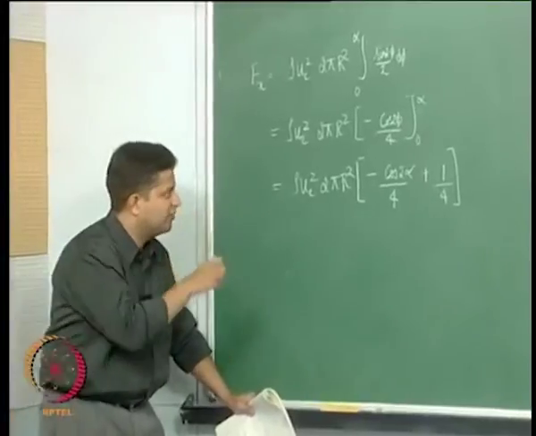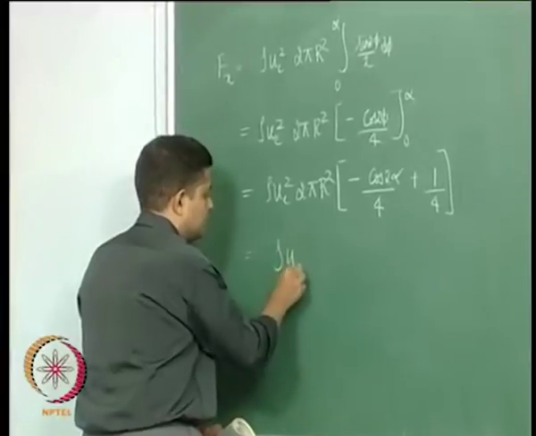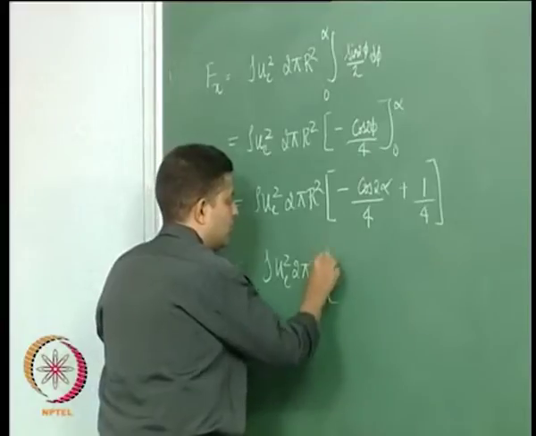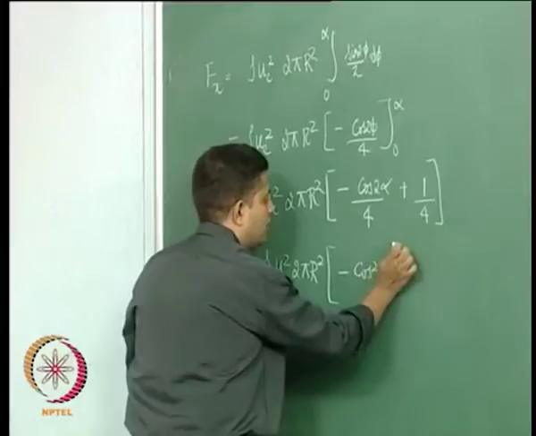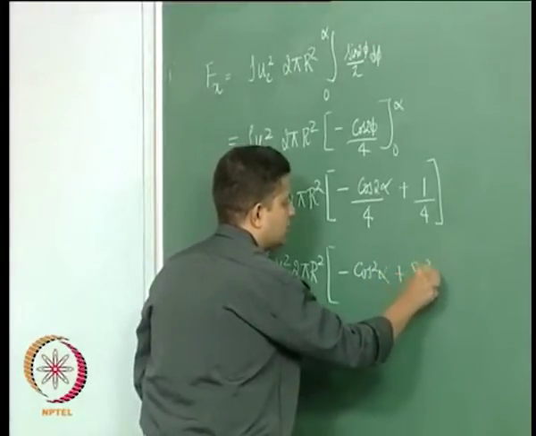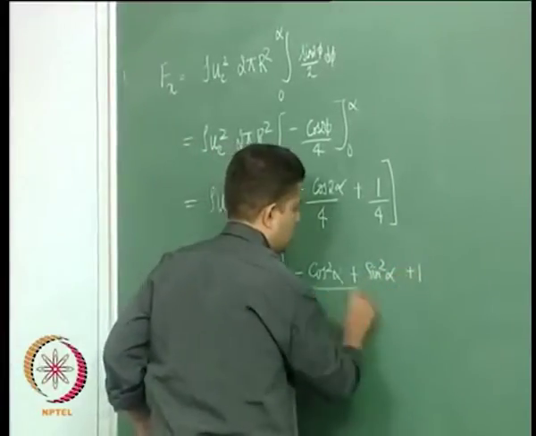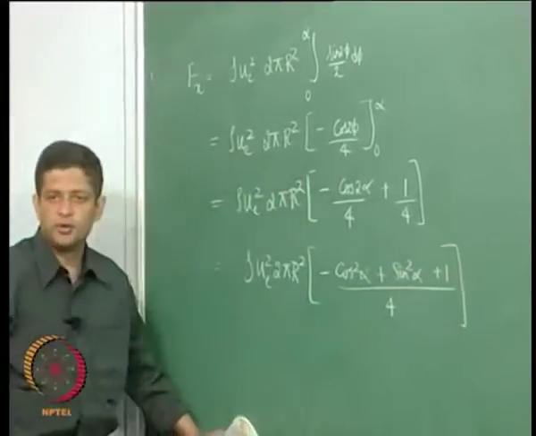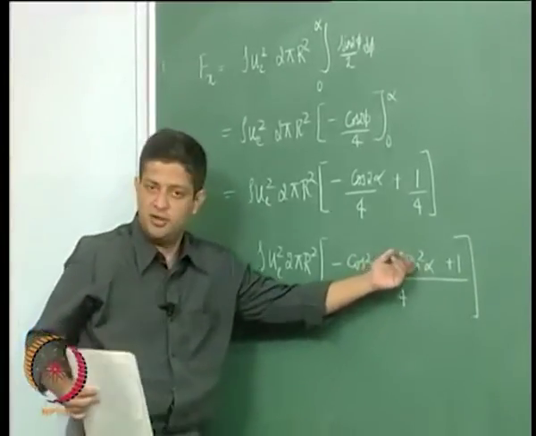Now, cos 2 phi, we know that it is nothing but minus cos square phi plus sin square phi plus 1 divided by 4, fine. We would like to retain it in terms of cos phi.